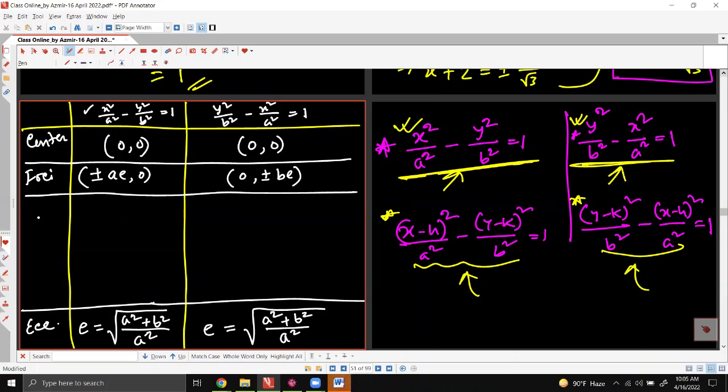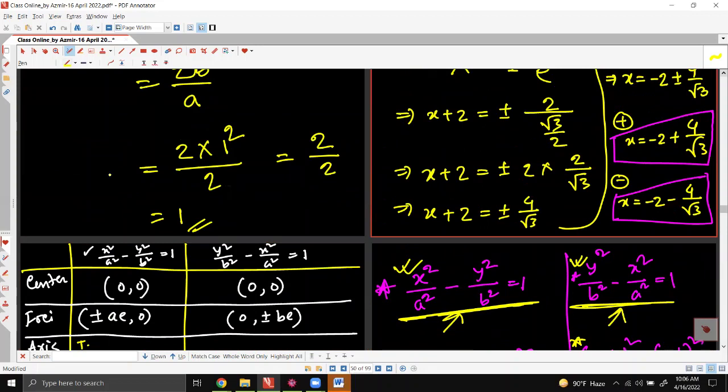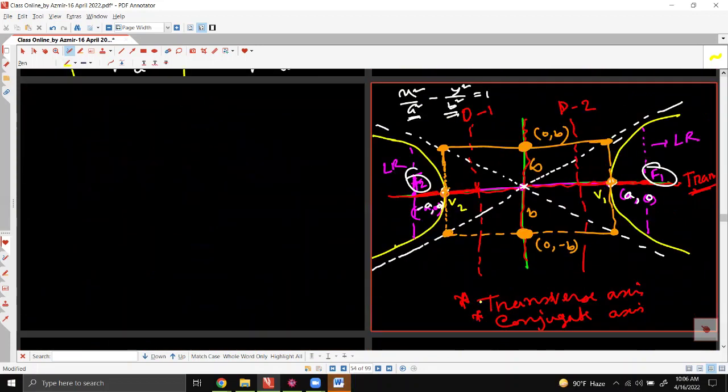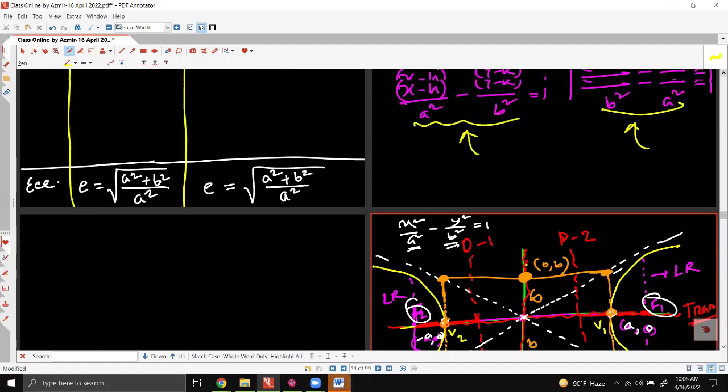Now equation of the axis, let's say at first we have transverse axis. I have mentioned to you that the first axis that we have here, it is known as transverse axis, and the second axis is y-axis or the conjugate axis.